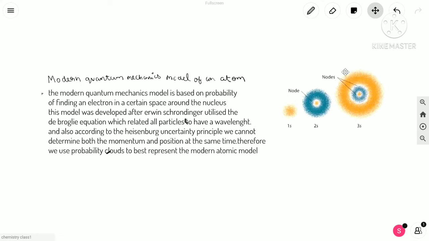So this cloud-like picture is where you can find an electron 90% of the time, but it might even be somewhere around the atom and not in this place. So that's what the modern quantum mechanics model of an atom is.